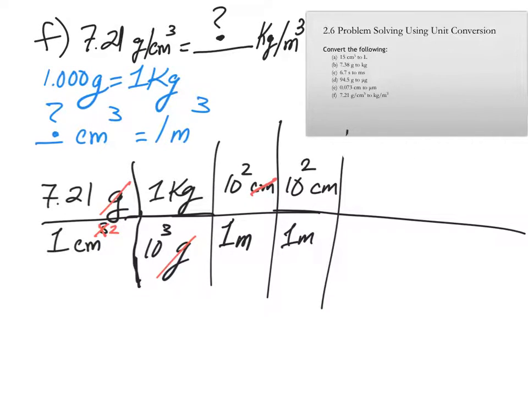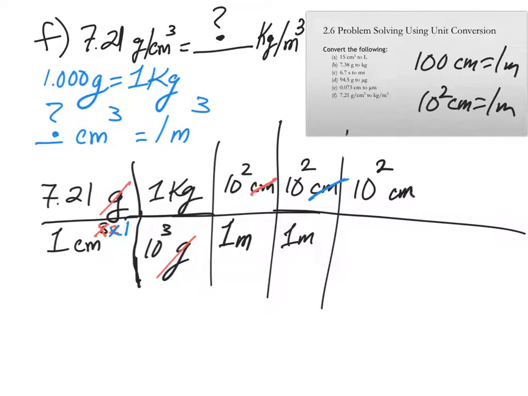Let me rewrite these in here. 100 centimeters is 1 meter. Okay. Now, we can cancel that centimeter out with that 2 and repeat it for a third time. 10 to the second centimeters per 1 meter.